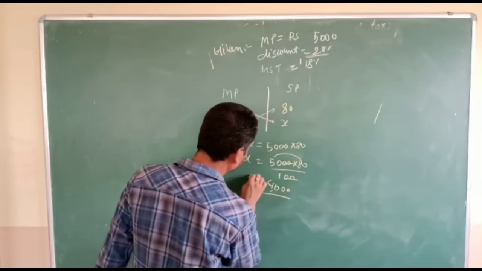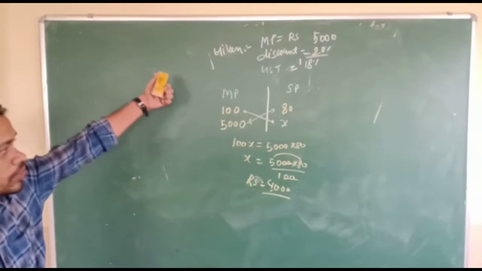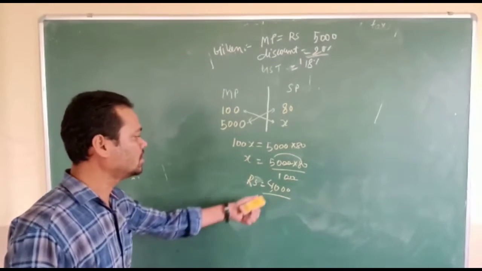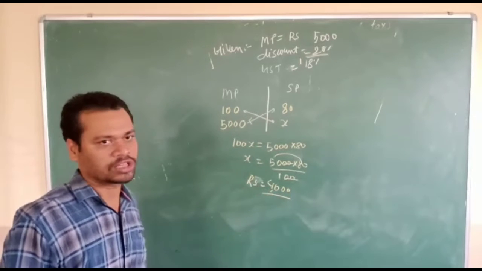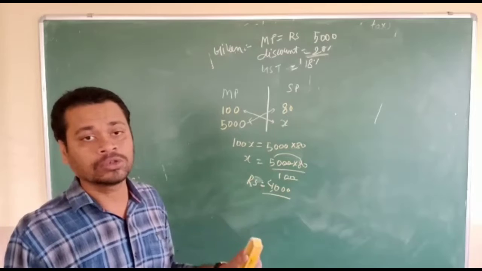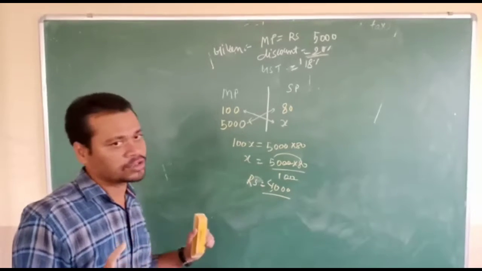Rupees how much? 4,000. Since you got the 20% discount, you don't need to pay 5,000, rather you need to pay 4,000. That means 4,000 is what you are actually supposed to pay for the goods, but will you pay 4,000 only?